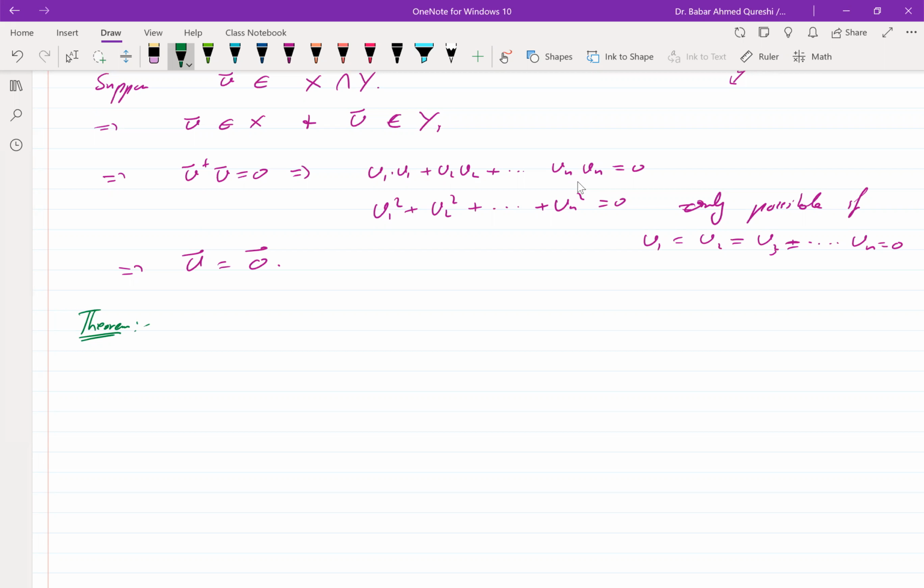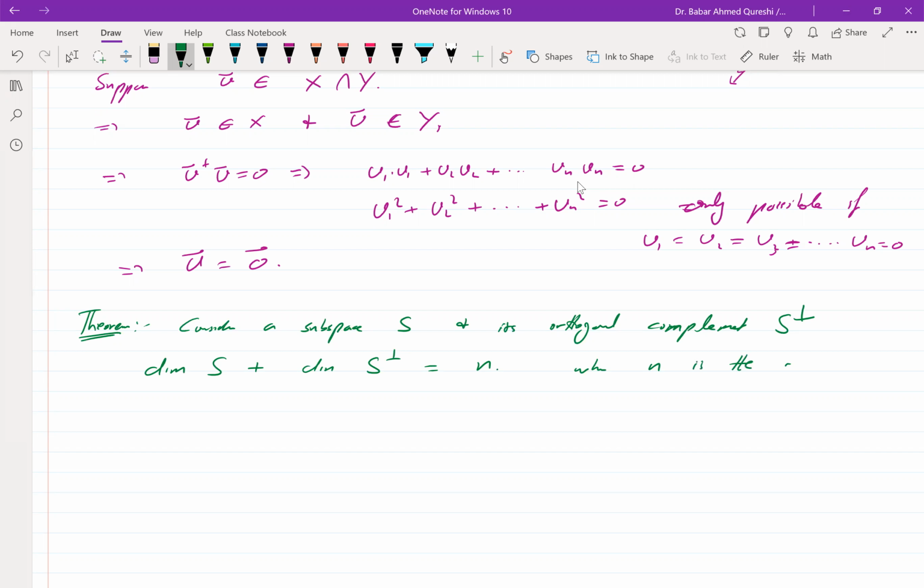If you consider a subspace S and its orthogonal complement, then dimension of S plus dimension of S orthogonal complement would be n, where n is the dimension of the original space.